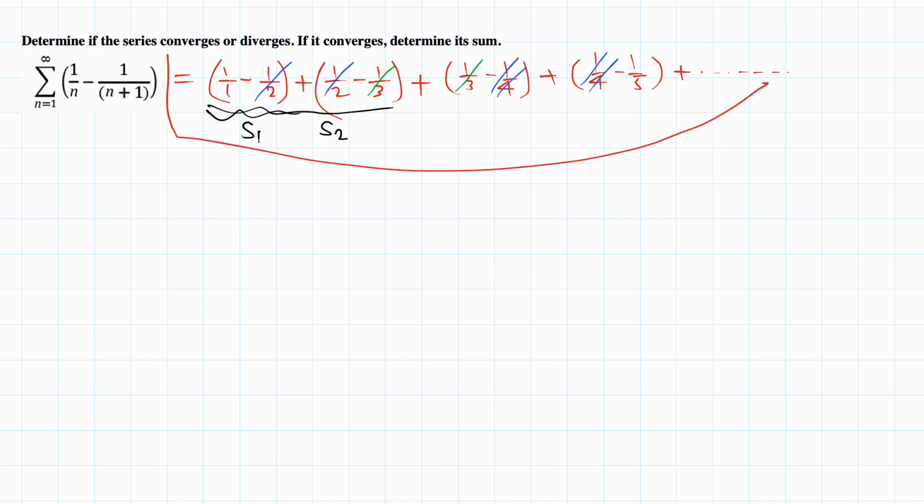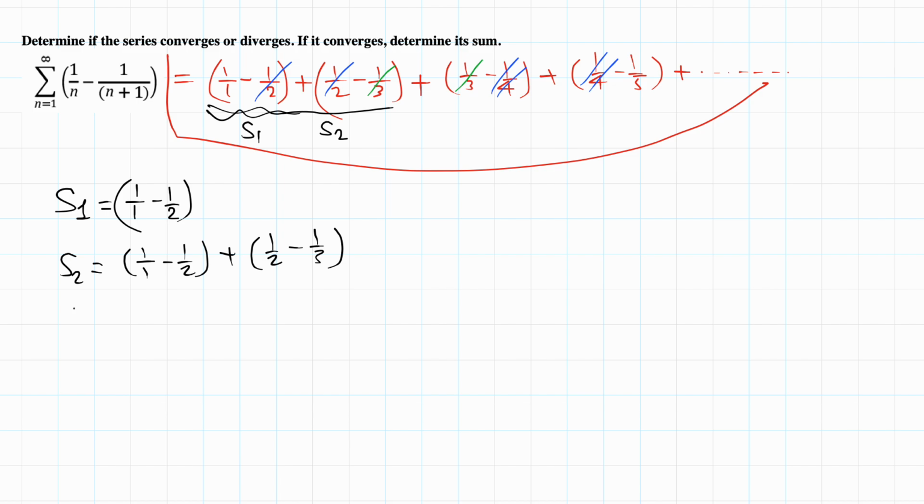S1 means the sum of the very first term, that's the first term, so 1 over 1 minus 1 over 2. S2 is the sum of the first two terms. That means these two: 1 over 1 minus 1 over 2 plus 1 over 2 minus 1 over 3. Then S3. In this way, we will write Sn.